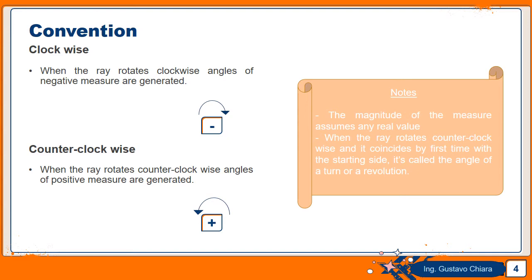That's in the picture. In this part the following note is very important. The magnitude of the measure assumes any real value, and when the ray rotates counterclockwise and coincides for the first time with the starting side, it's called the angle of a turn or a revolution.